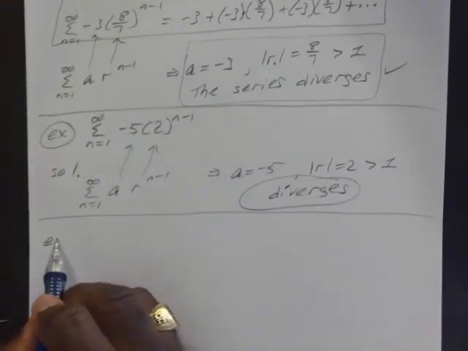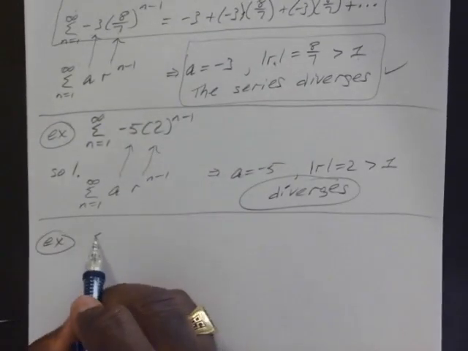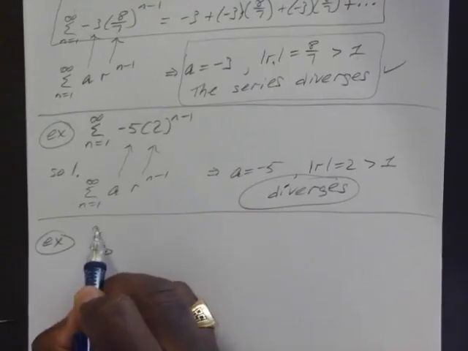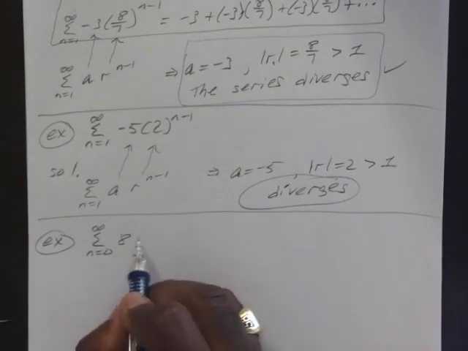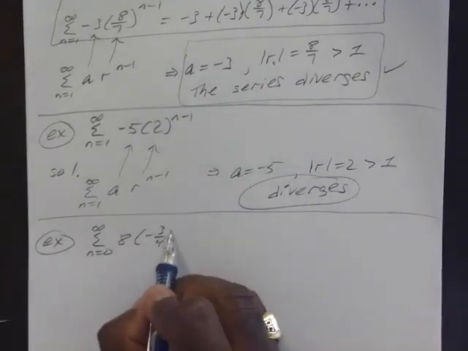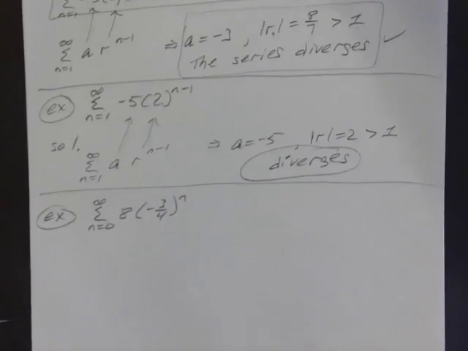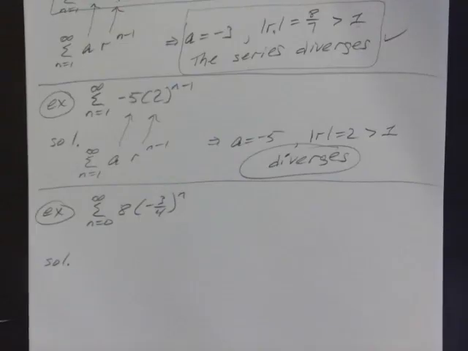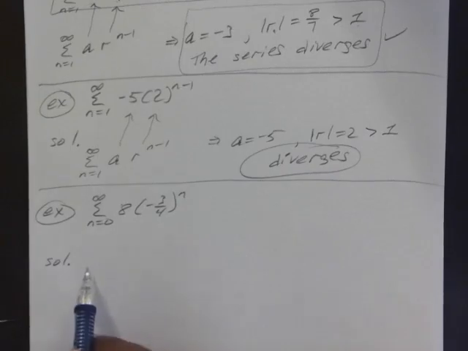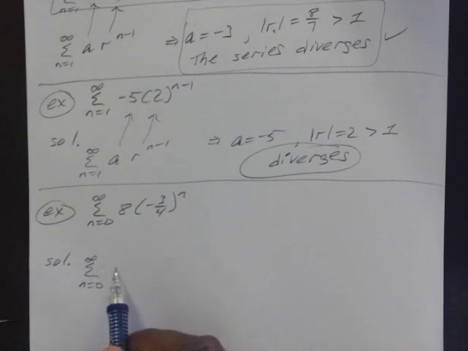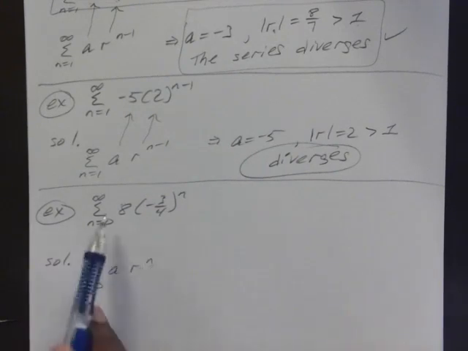So what if we had the sum from n equals 0 to infinity of 8 times negative 3 over 4 to the power of n? Okay, so again, we know the sum from n equals 0 to infinity of a times r to the power of n, because we're starting at 0.